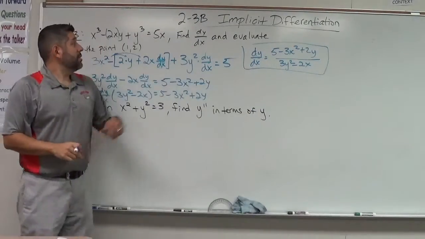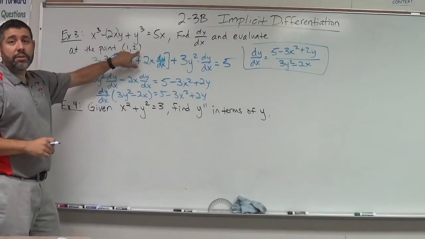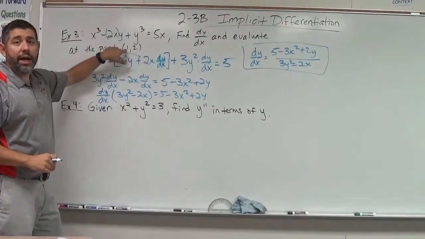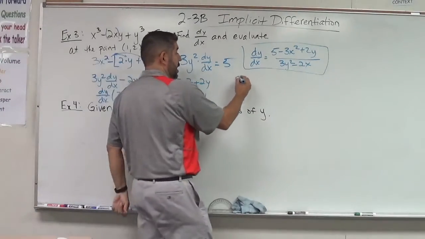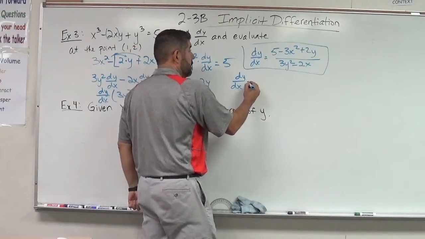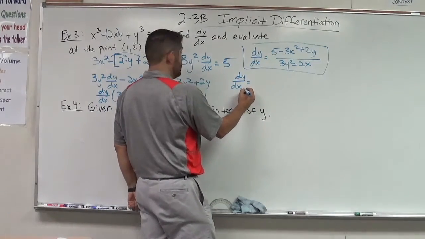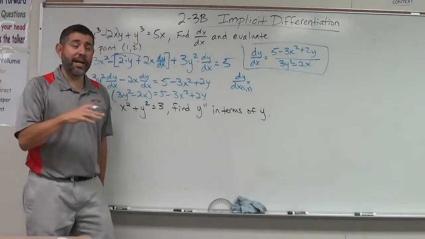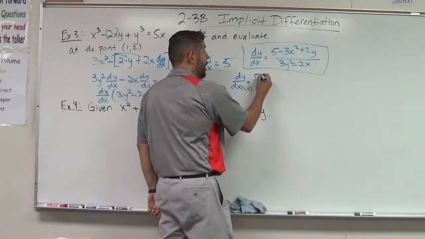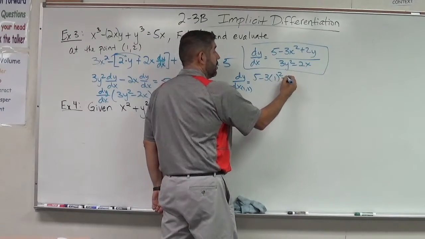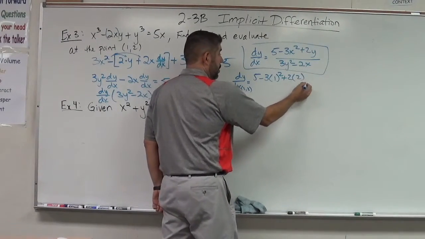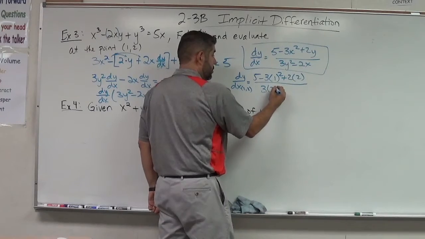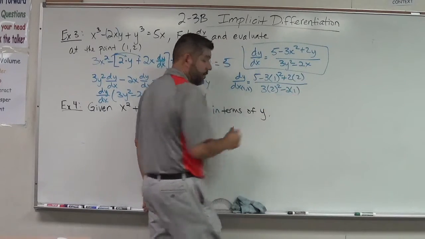The next part asks us to evaluate it for (1, 2). So we're just going to plug in 1 for x, 2 for y. So dy/dx is equal to, this is evaluated at (1, 2). I'm going to put that there just so I know that I'm evaluating at (1, 2). 5 minus 3 times 1 squared plus 2 times 2 all over 3 times 2 squared minus 2 times 1.